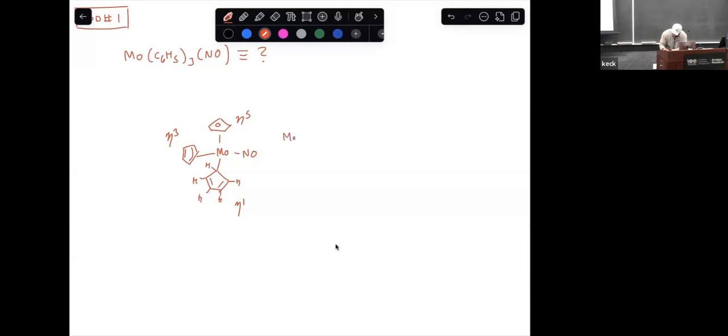Yeah. You've got 3 X-type ligands, so you know that molybdenum is going to be at least +3 oxidation state. Well, it could be plus, it's got at least that ligand set around it to consider.